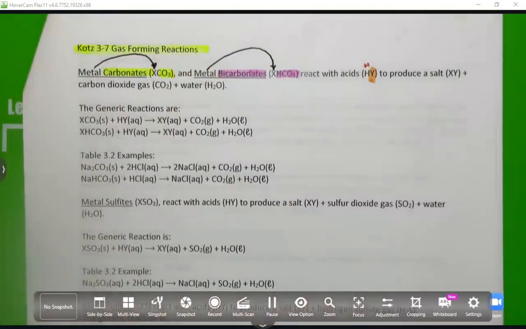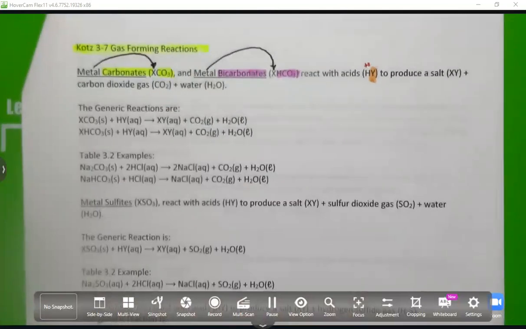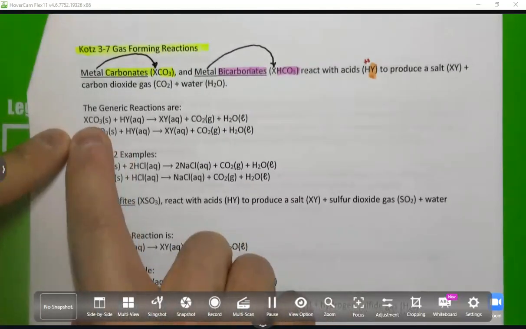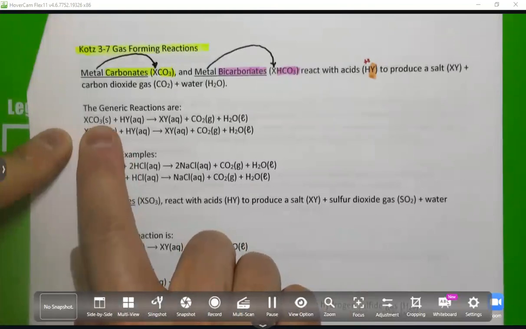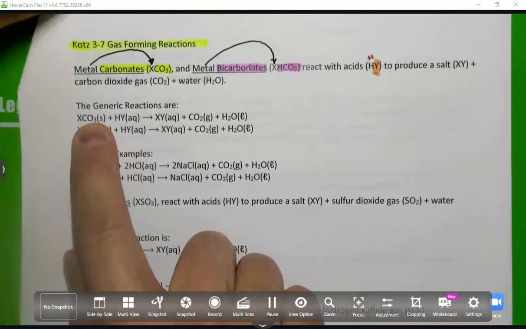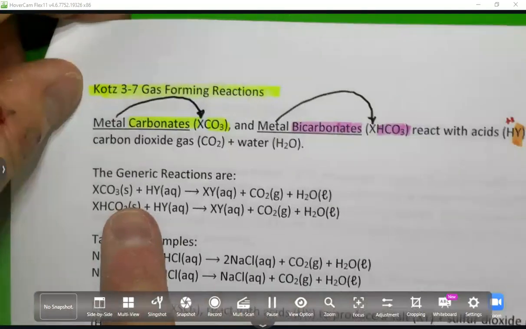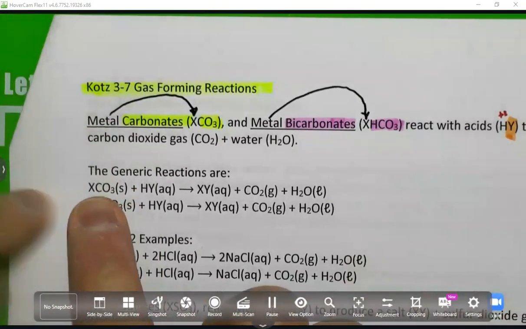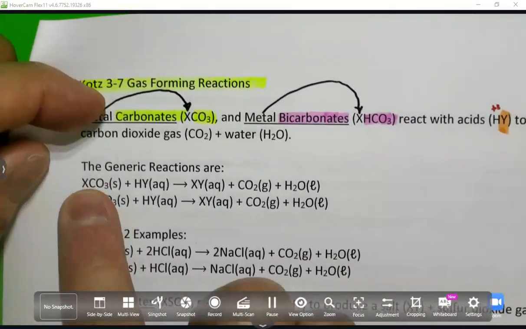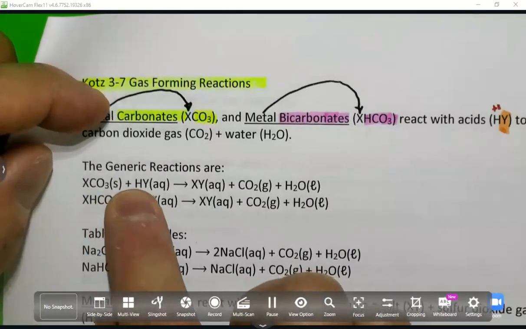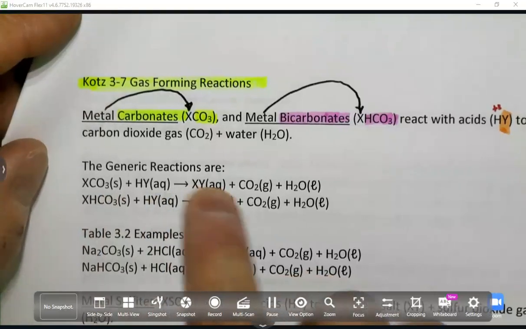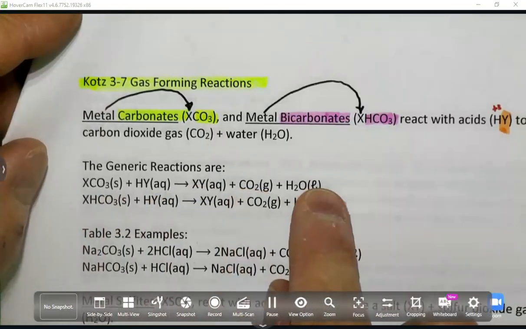It's carbon dioxide here. So let's look at our generic example. This is a metal carbonate, and the X can be many metal ions, sodium, potassium, lithium. This is our acid, HY. We're going to get XY. This is our salt, carbon dioxide, and water.